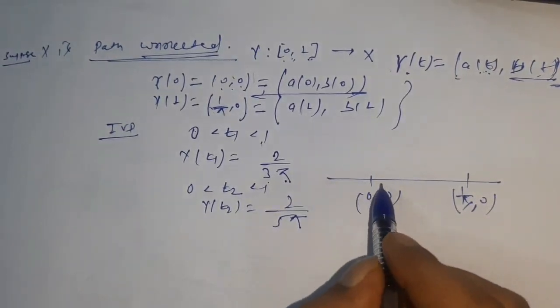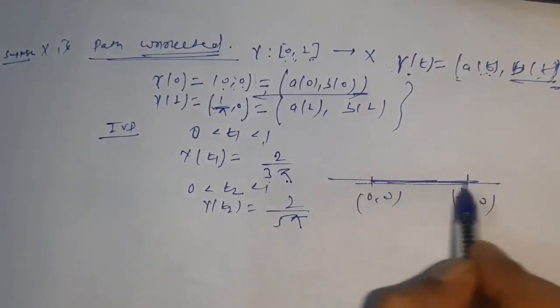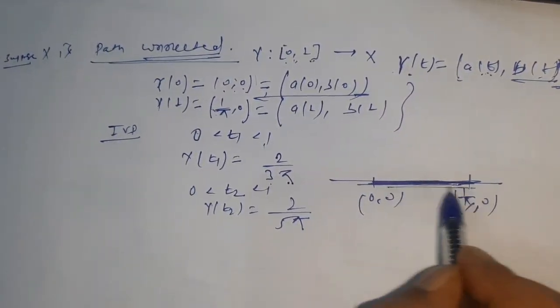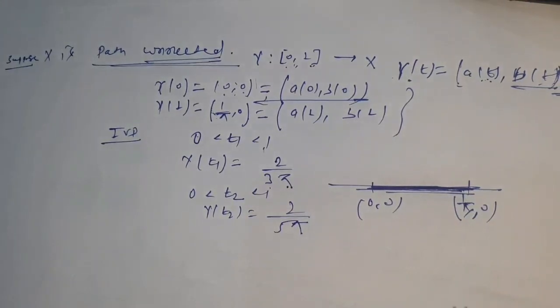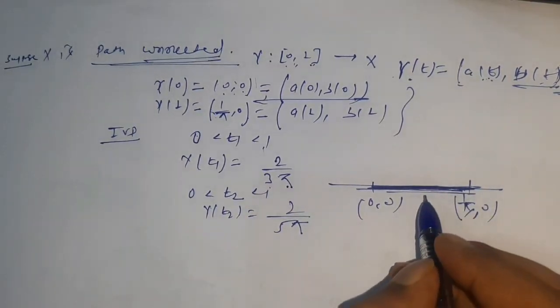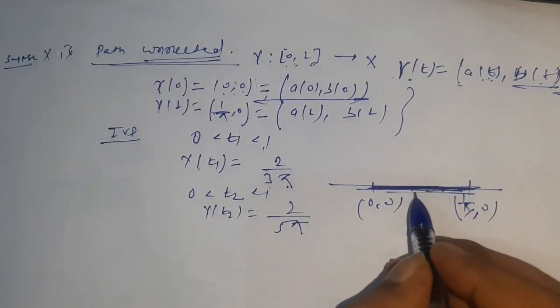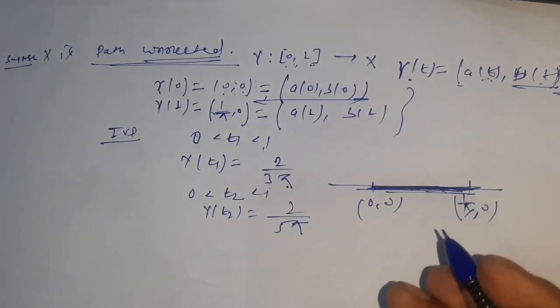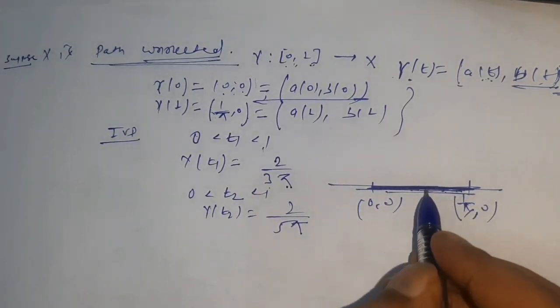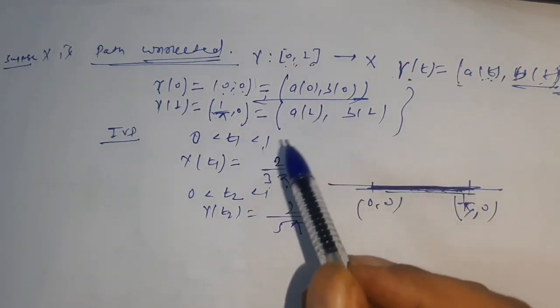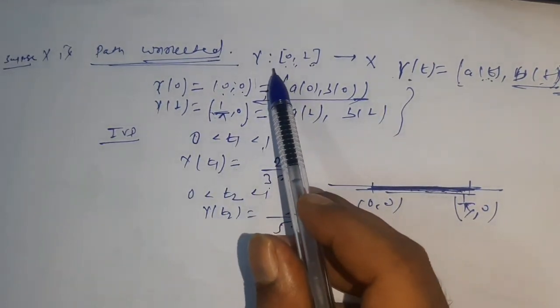This is the image of this continuous function, gamma. So by the intermediate value theorem, every point lying between this interval is the image of elements of the domain of the gamma map.